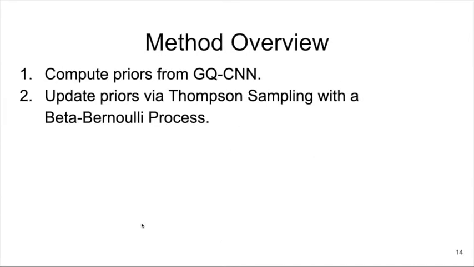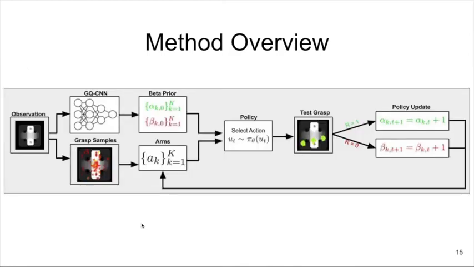The method consists of 2 steps. First, we compute priors from GQCNN. Secondly, we update priors through Thompson sampling with a beta Bernoulli process. Here, we discuss the problem overview. Given the initial observation O, arms are sampled under the observation.